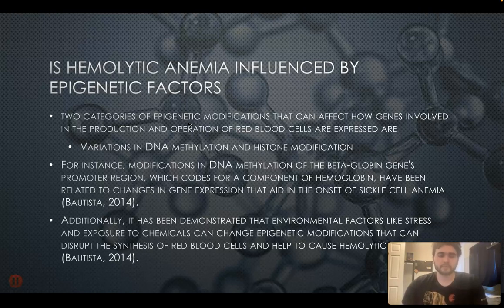So, for instance, modifications in DNA methylation of the beta globin gene's promoter region, which codes for a component of hemoglobin, have been related to changes in gene expression that aid in the onset of sickle cell anemia. Additionally, it has also been demonstrated that environmental factors like stress or exposure to chemicals can change the epigenetic modifications that will disrupt the synthesis of red blood cells and help cause hemolytic anemia.